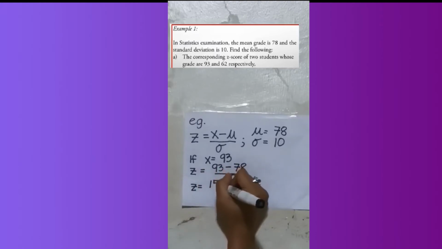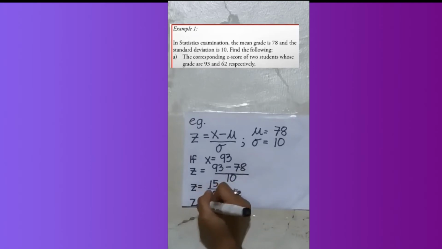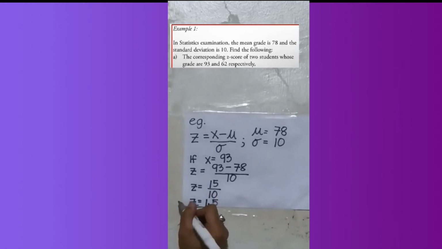So z equals 15 over 10, because 93 minus 78 is 15, and simplified, it becomes 1.5. So our z-score is 1.5.